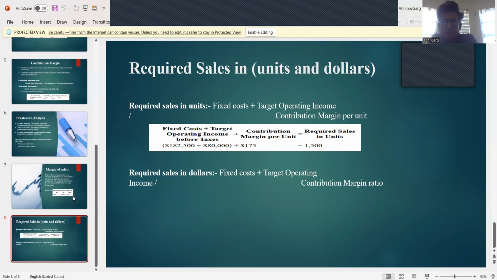If you are finding required sales in units, we divide fixed cost plus operating income by contribution margin per unit. And if we are finding required sales in dollars, then fixed cost plus target operating income divided by contribution margin ratio. So let's quickly move to our question so that you can understand it clearly.